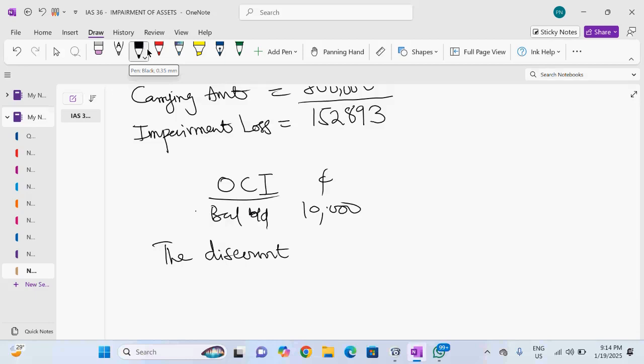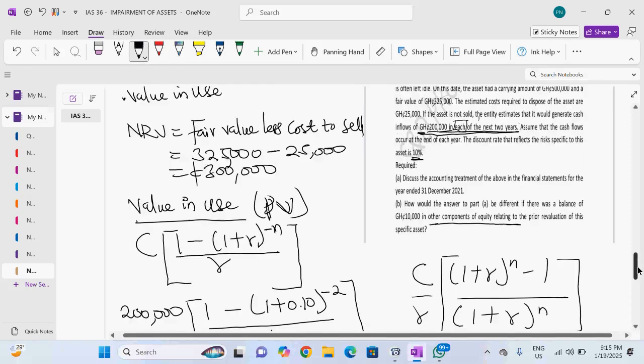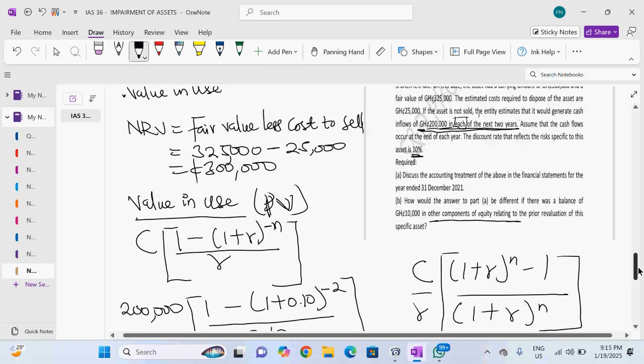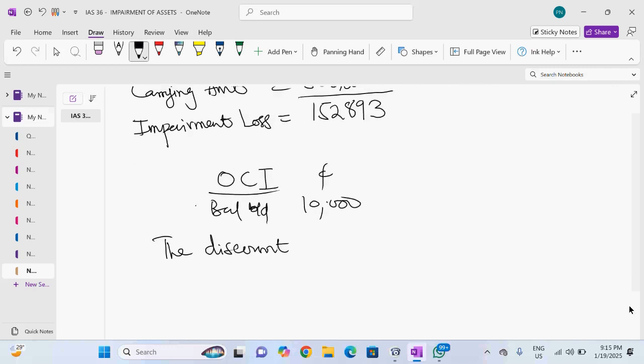Please, can you go over the explanation for the D part? The question says, assume that there was 10,000 in the OCI. OCI is a positive balance, and impairment loss is a negative balance. So OCI will reduce this impairment loss by 10,000.